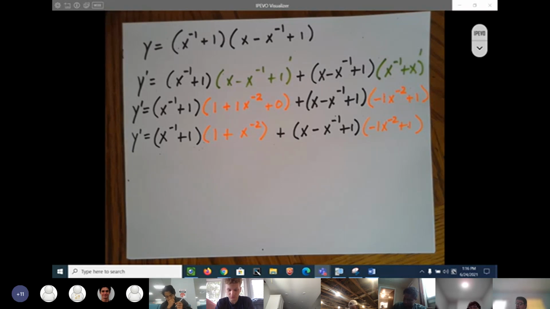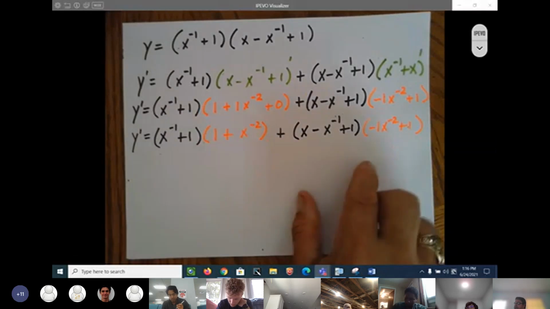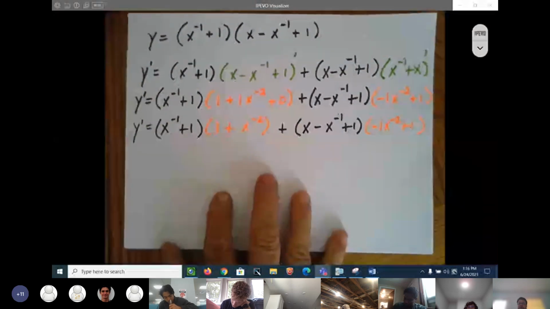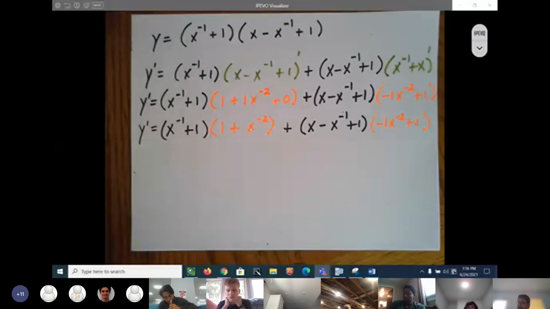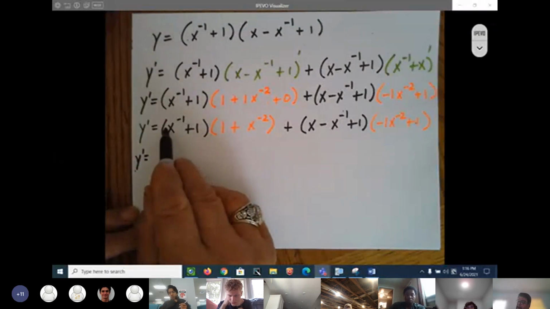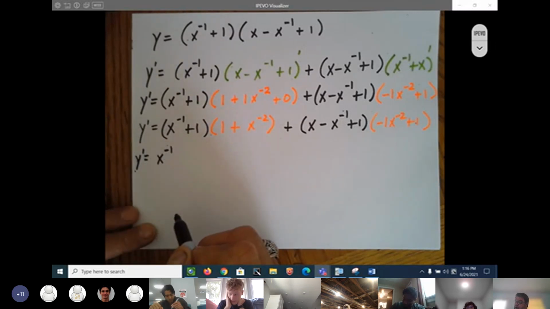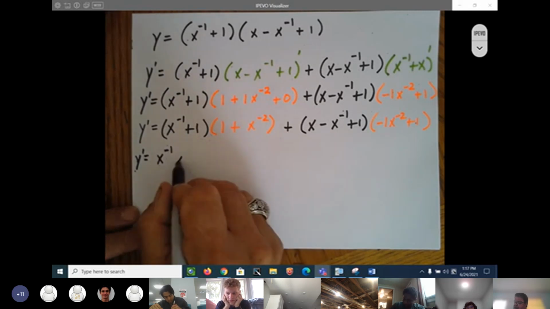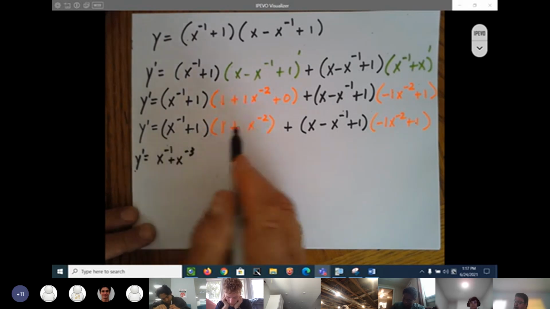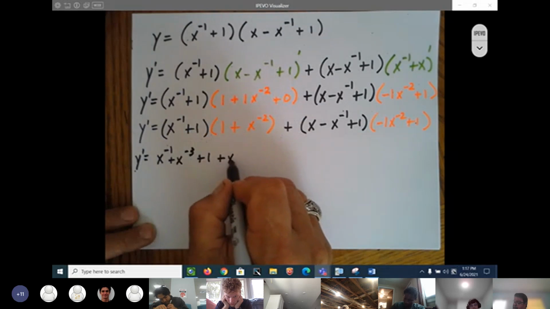Now, I would go ahead and do the FOIL method here and the distributive law here, so you could maybe cancel some things out. So y prime: x to the negative 1 times 1 is x to the negative 1. Outside is x to the negative 3. Inside would be 1. And last would be x to the negative 2.